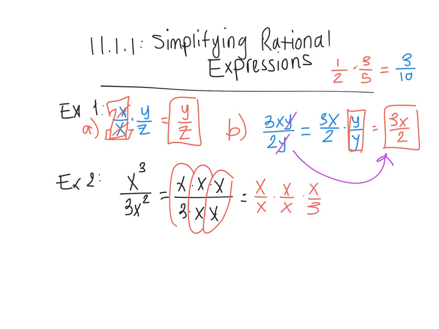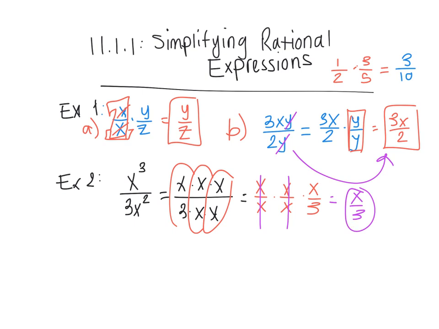We know x over x is 1, x over x is 1, times x over 3, so we have just x over 3 remaining. Again, these steps right here aren't totally necessary at this point, so you should be getting a little faster at this and moving from here to here.